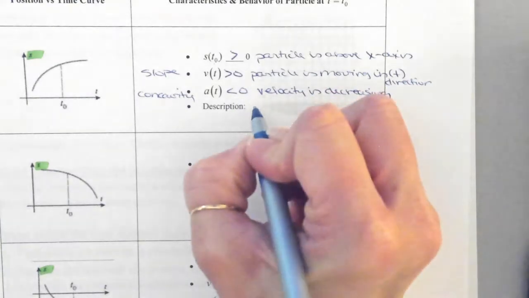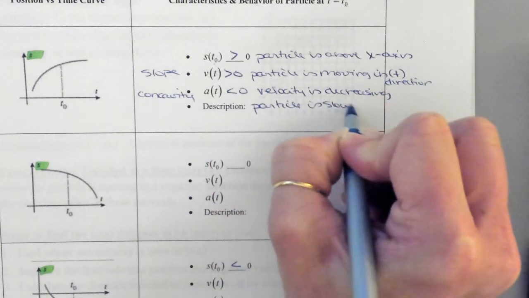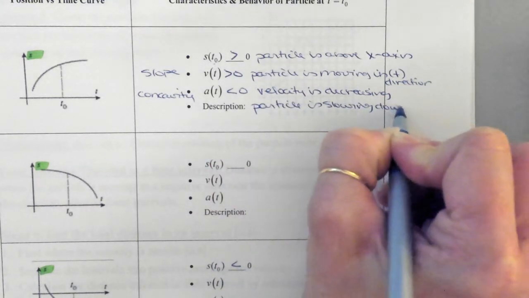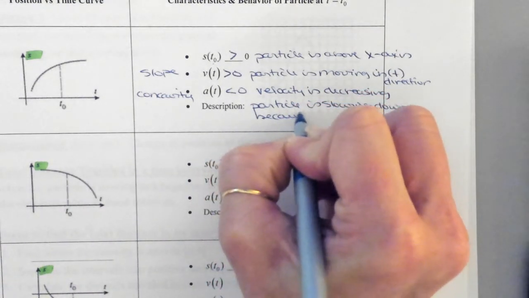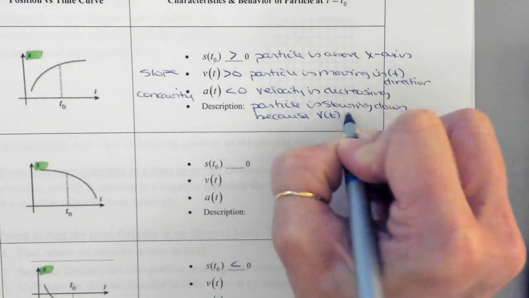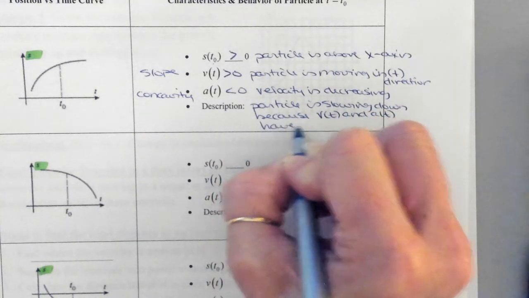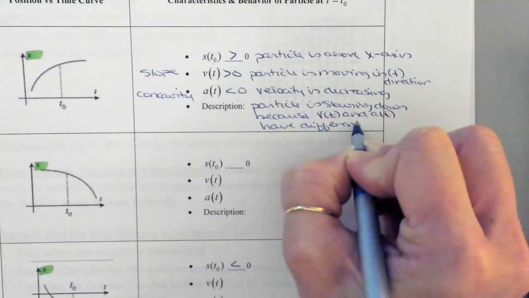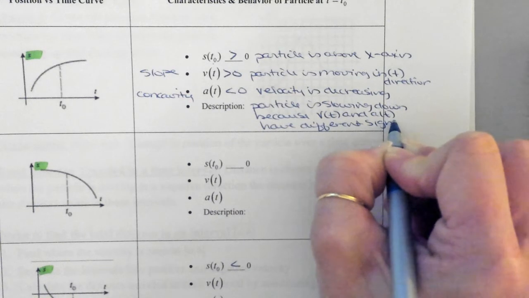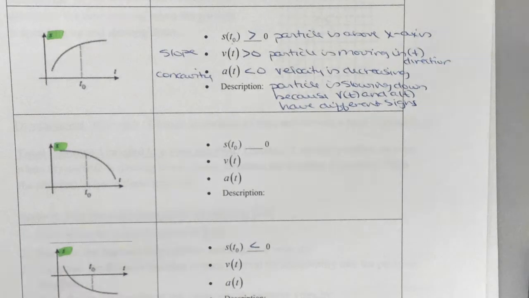So in this case, the particle is slowing down, and your justification would be because V of t and A of t have different signs, or you could say opposite. Try to keep it as simple as possible. Okay, questions on the first one.